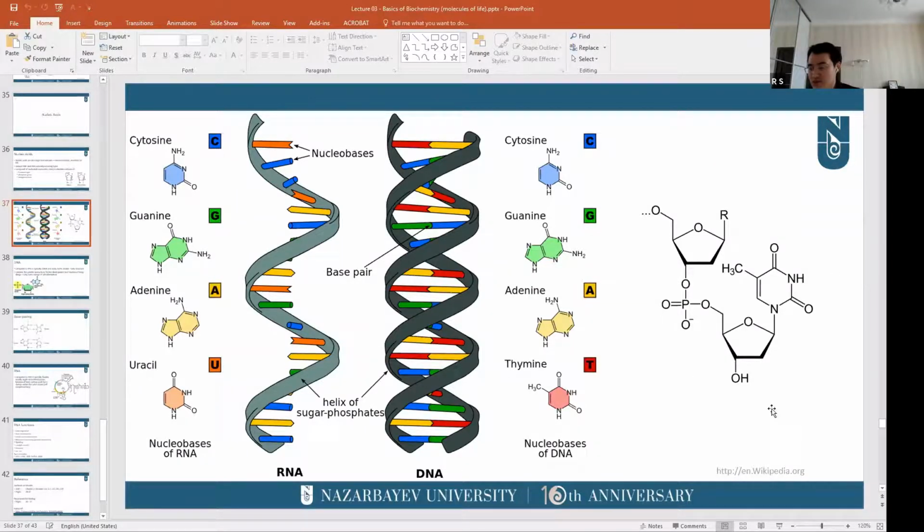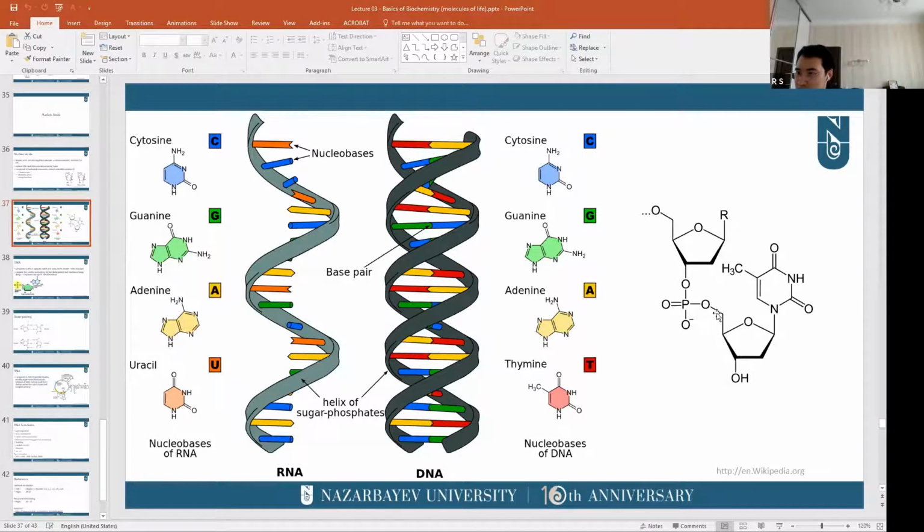Okay, so here on this part of the image, you can see the nucleotide. Do you see my mouse? Yes. Okay, cool. So this is the phosphate. This is the 5-carbon sugar, and this is the nitrogenous base. As you can see, it's covalently bound to the sugar as well as the phosphate.